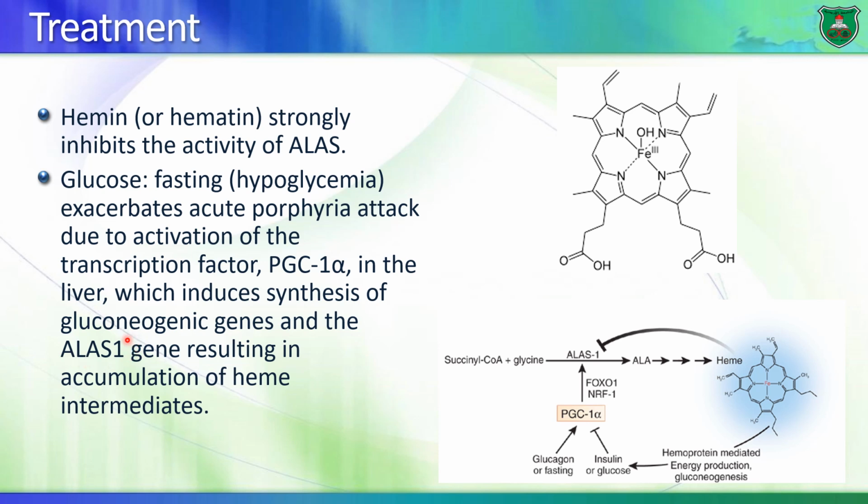So this is sort of a result of fasting. By giving patients glucose, you would have the production of insulin, and insulin would reduce the transcription or production of PGC1 alpha, resulting in reduction in the synthesis of ALA synthase and production of heme as a result of that.